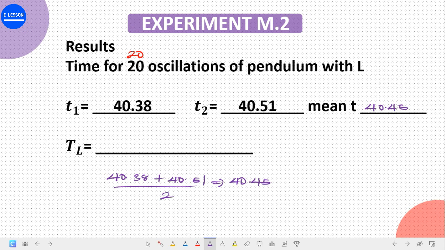Now at this point, the 40.45, you are going to divide it by the number of oscillations to get the period. So we can say our period TL is equal to the mean of T divided by the number of oscillations.